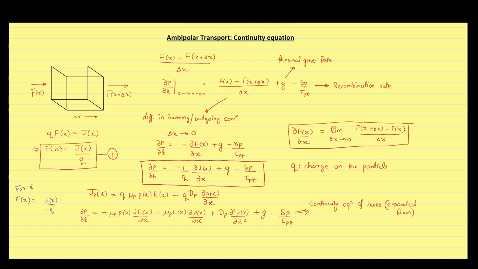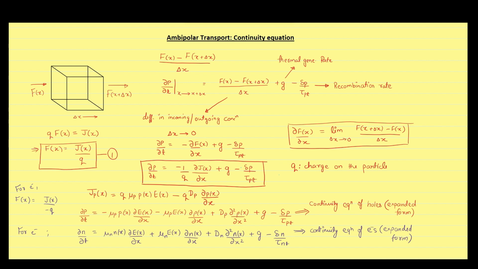We will get the continuity equation for free electrons to be equal to the following. I hope all the steps are clear to you. We will see different possible cases of this particular equation in the next lecture, and will discuss a very important case.